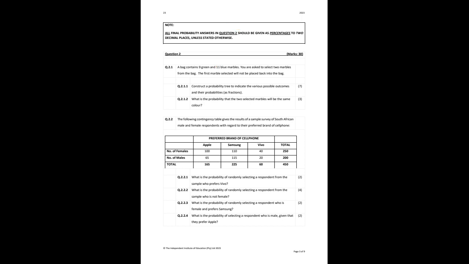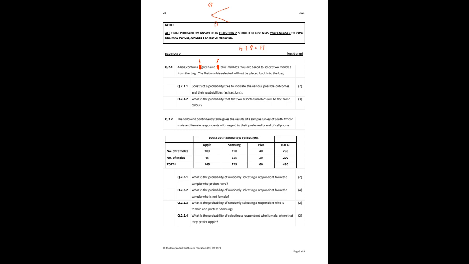So let's look at the first marble being drawn. Your options are green and blue. You have 6 green and 8 blue, which collectively tells you that you have 14 marbles to select from. So this is, again, just another example to give you an idea of how to go about answering this.